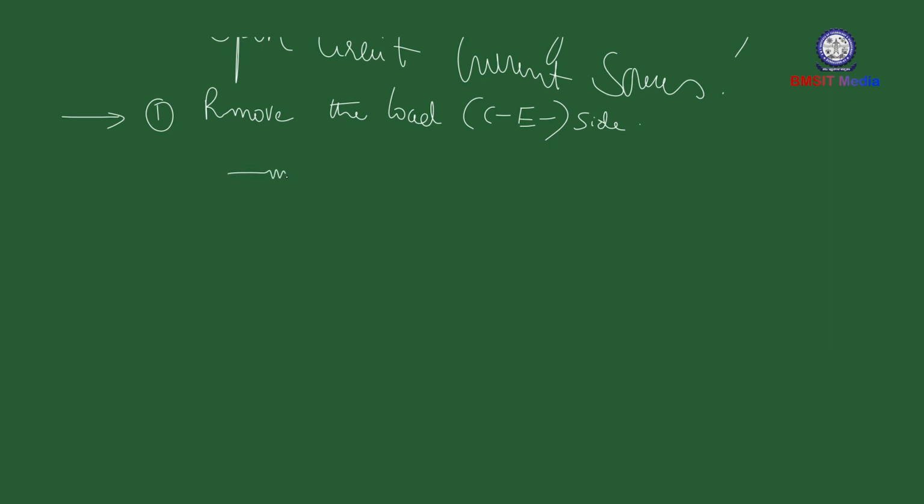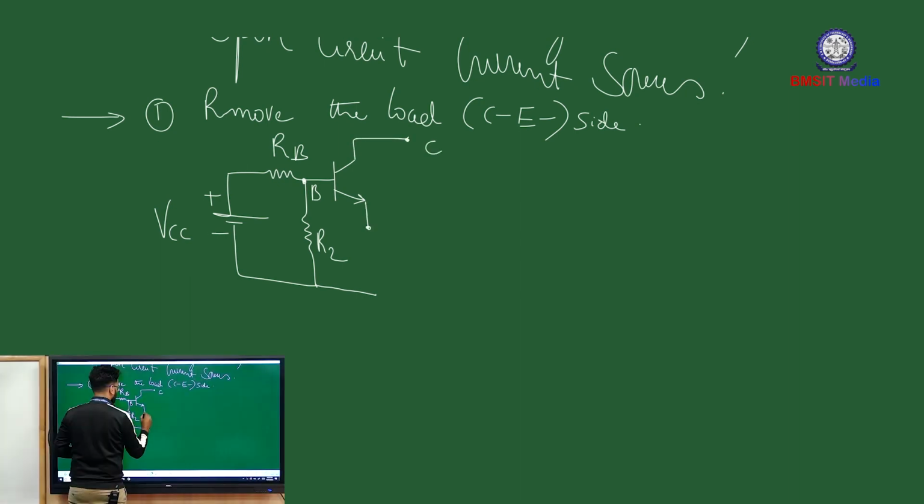This is RB, plus minus VCC, this is R2. This is your base terminal, this is your collector terminal, and this is your emitter terminal. This is RE, and this is ground.